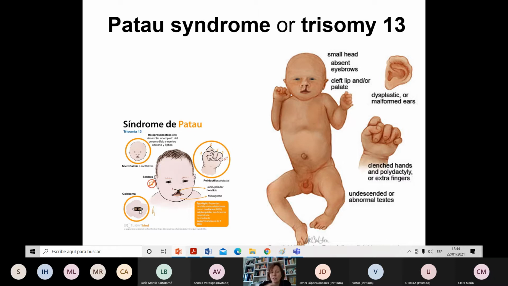But more than that, they have other problems in the circulatory system. They have problems in their hearts, so it's very common that very soon their heart stops and they just die. It could happen within the mom's womb, but it also happens soon after birth.